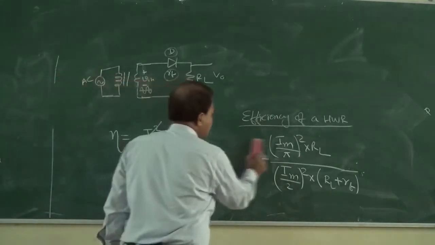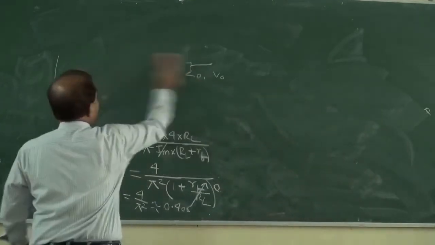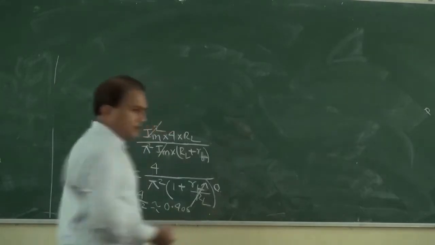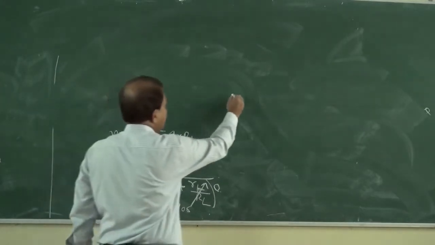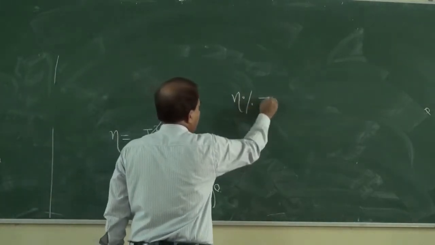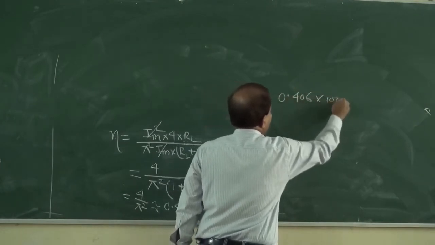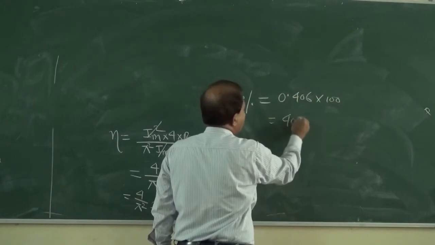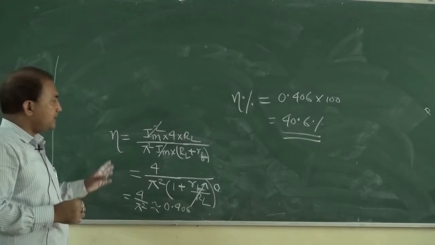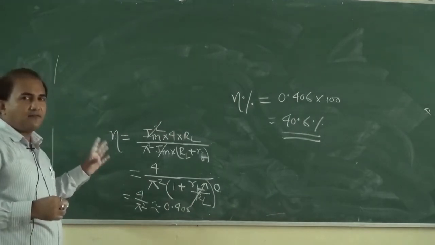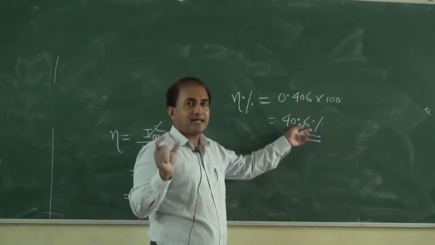So efficiency in terms of percent is 0.406 into 100, which is 40.6%. So the efficiency of a half wave rectifier circuit is 40.6% under maximum condition.